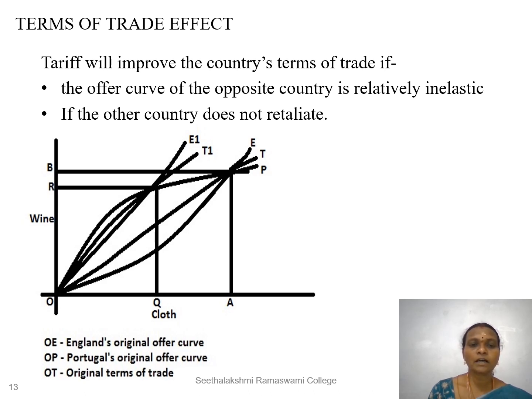And next, what happened now? England wants to impose a tariff. When England imposes a tariff, the offer curve of England changes from OE to OE1, and Portugal's offer curve remains the same, that is OP. Now the terms of trade also changes to OT1.